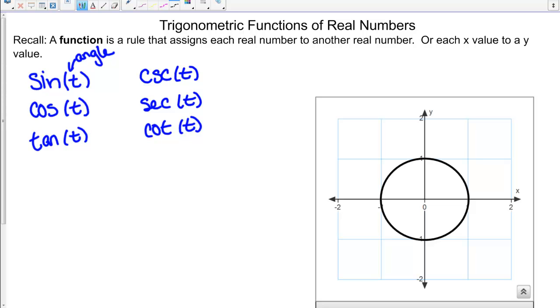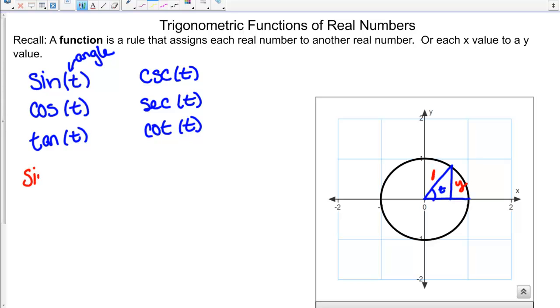Well, if we have an angle t right there, we define sine of t to be this y value. So the height over the radius.